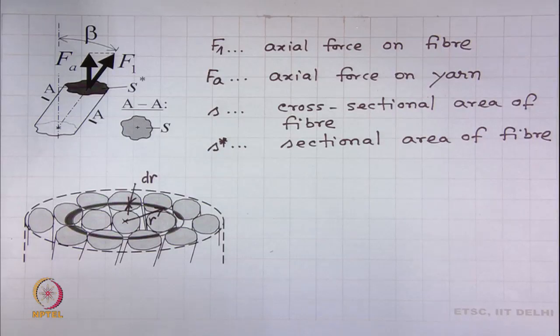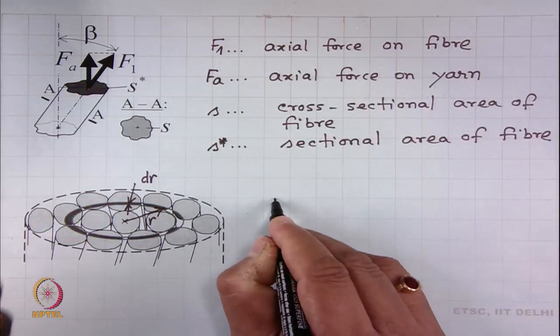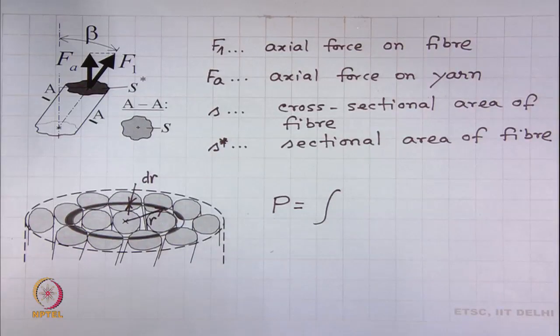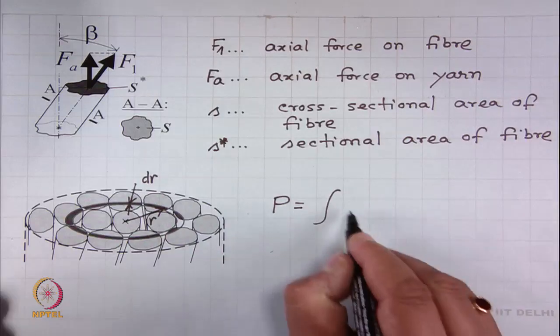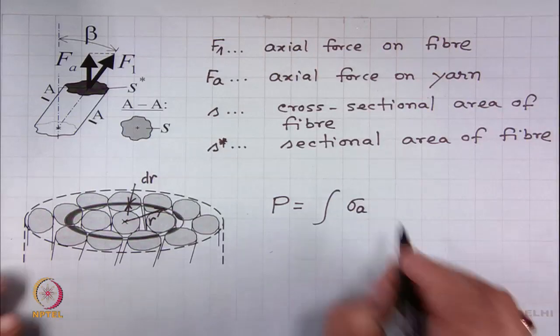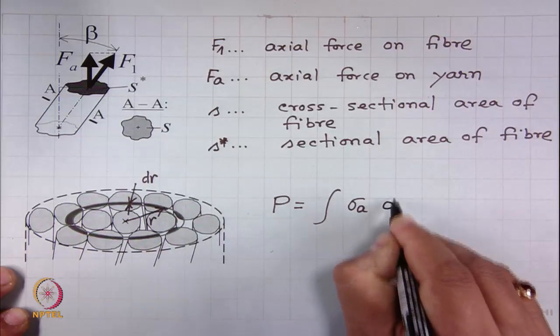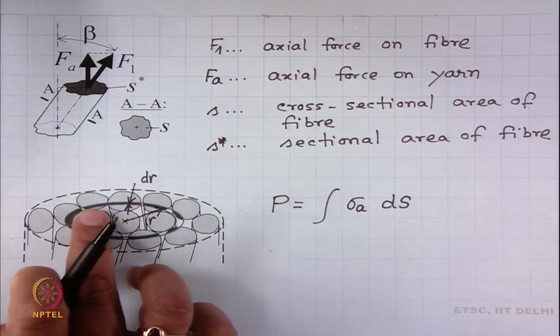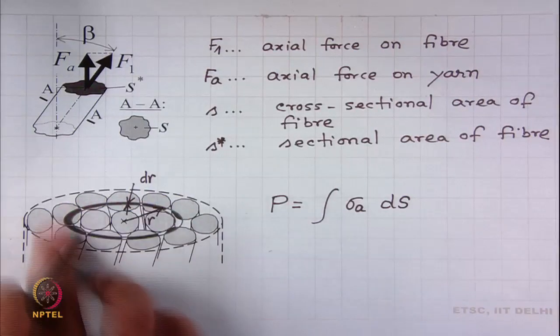Right. So, the total force developed in the yarn is the integration of stress into area. What is stress? Stress is sigma A, stress on one fiber, and the total area available is dS. dS is the area of fibers available in this annular ring.